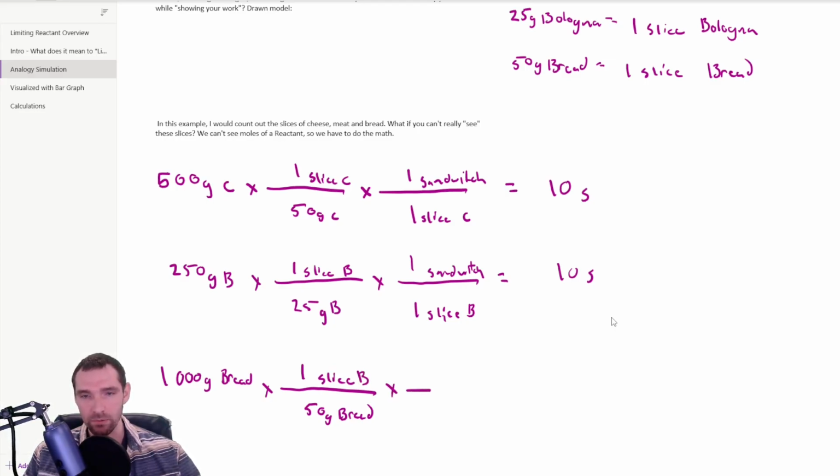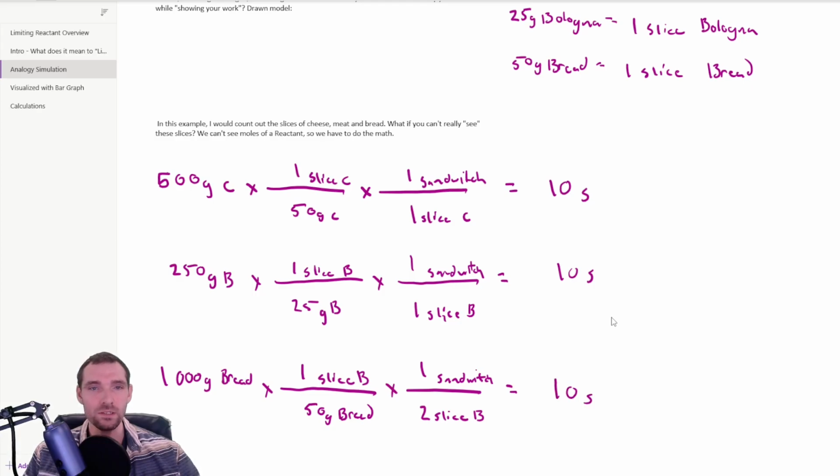And this is where it's important to keep in mind how many of these things go into a sandwich, because 2 slices of bread are needed for the sandwich. So if we do 1000 divided by 50 divided by 2, that should also be 10 sandwiches.